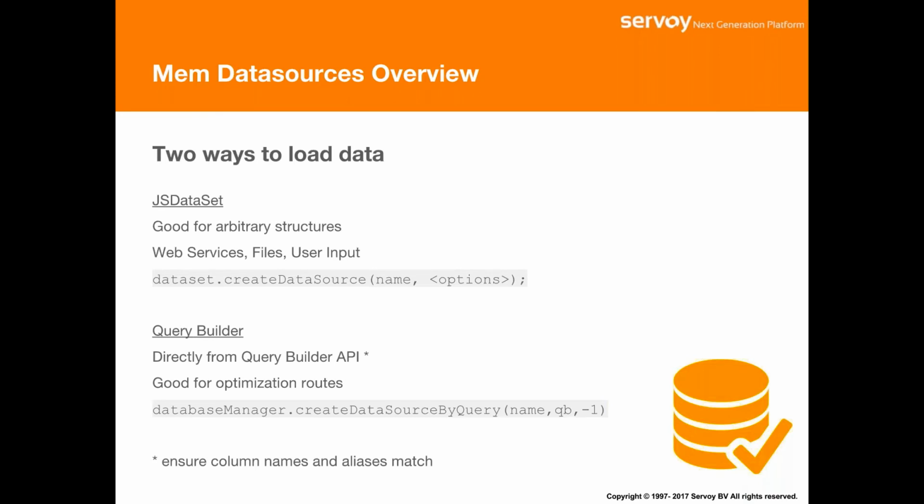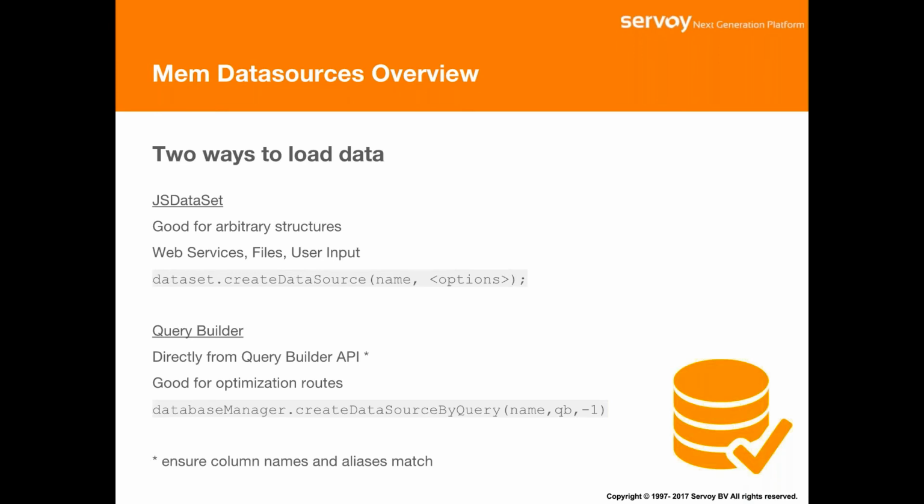There's two ways that we saw to load data. One is out of a data set. So if you get data from a file or from a web service or from anywhere else, and you just put that into a data set, which is just a little row column object, then you can create a data source from that.